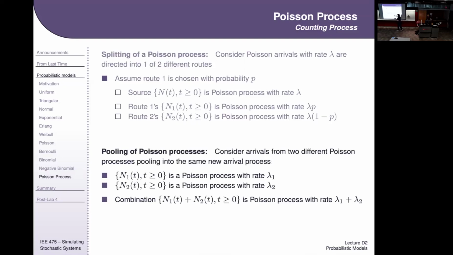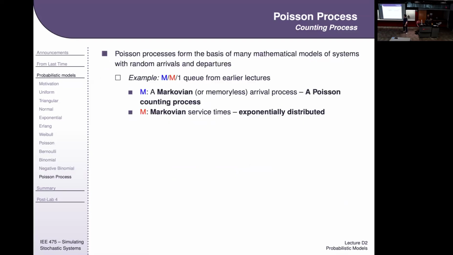And then likewise, you can pull them together. If you take those two and then bring them back in together so that they merge again, that will be a Poisson process with the original rate. And so that's a cool property that allows you to build networks of these things, which is why they're so important for classes like 470.